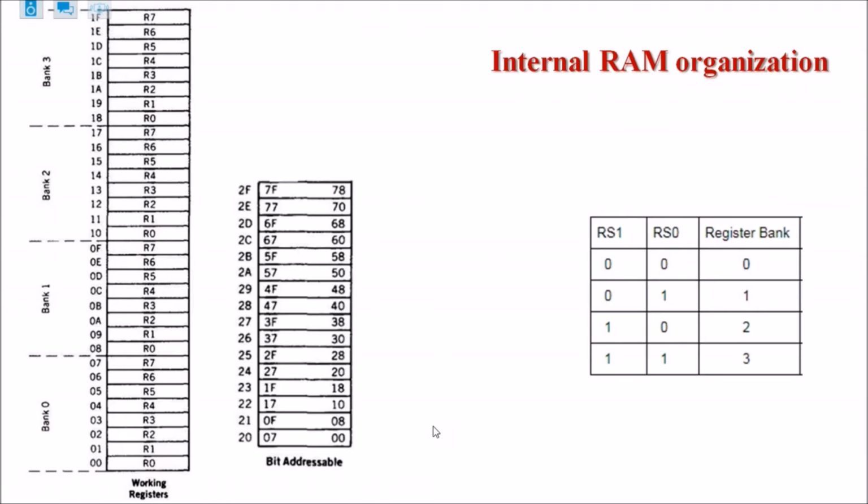This is the first part. The second part is the bit byte addressable part. Here it is written bit addressable, but actually it is bit byte addressable. So what does byte addressable mean?